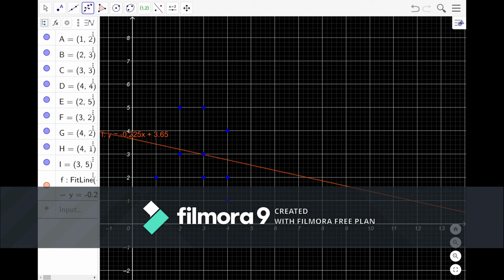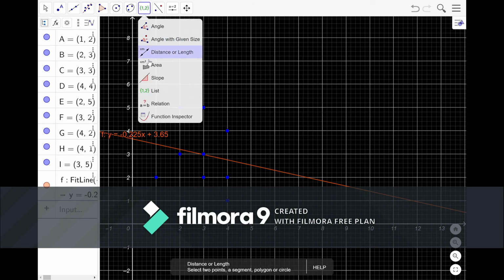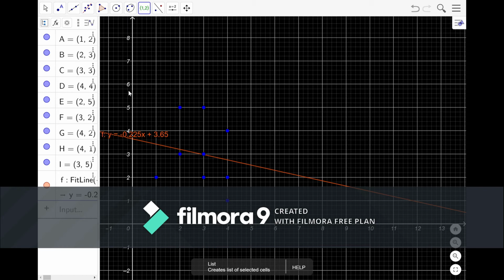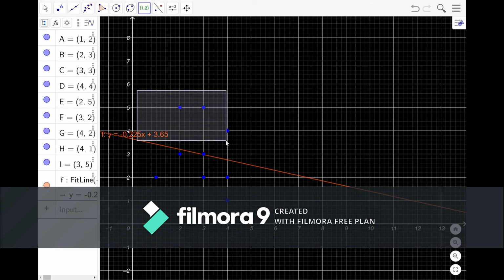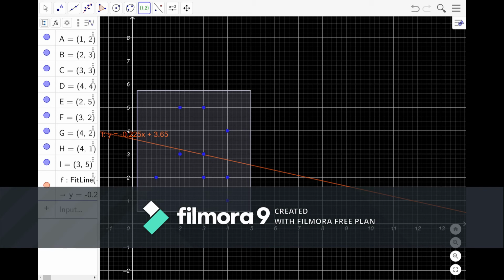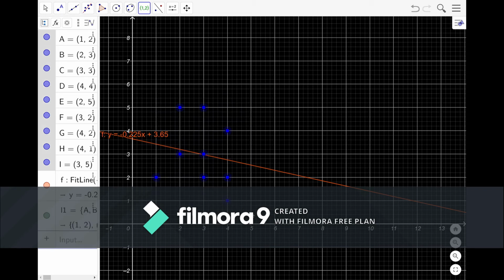Now if we are interested in finding the correlation for this, let us prepare a list. The points we have have to be selected under a list. GeoGebra has named that L1.